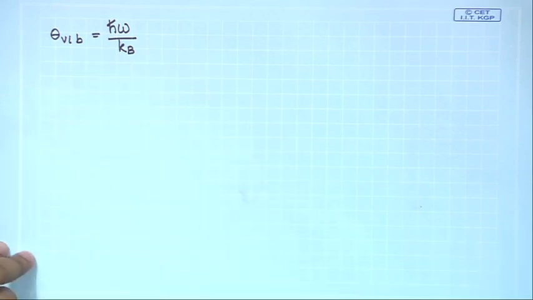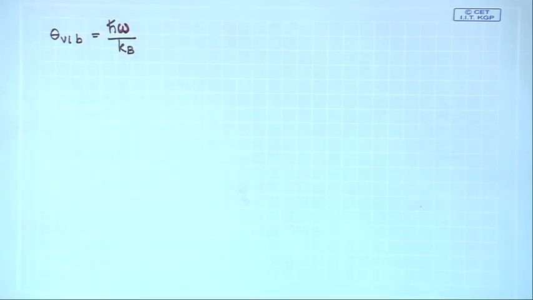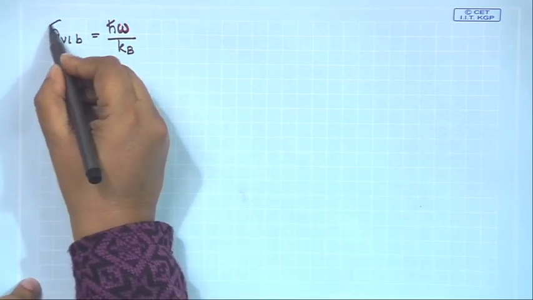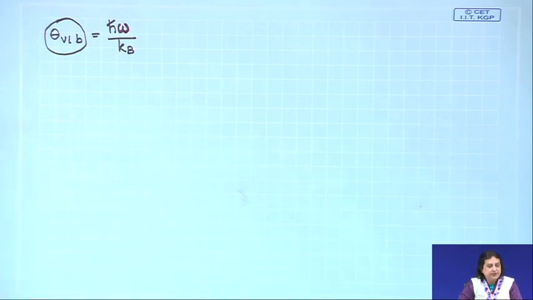As you see, omega is an intrinsic frequency of the bond under consideration, so this is going to be a characteristic property of the system, a quantity that I am representing in red. H cross and kb are universal constants, therefore theta vibe, the vibrational temperature, is also a characteristic property of the molecule that you are looking at.